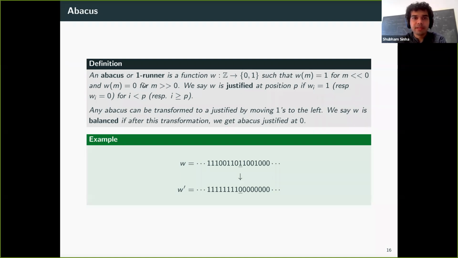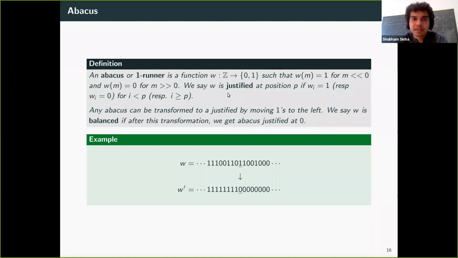An abacus, sometimes called a one-runner abacus, is a function from the integers to {0, 1}. So it's basically a sequence extending in both directions, of 0s and 1s, where you impose the condition that for integers much less than 0, on the left-hand side, it stabilizes at 1, and the function stabilizes at 0 on the right-hand side.